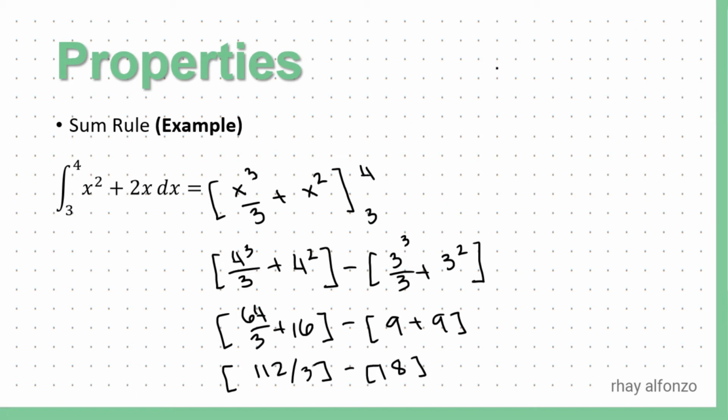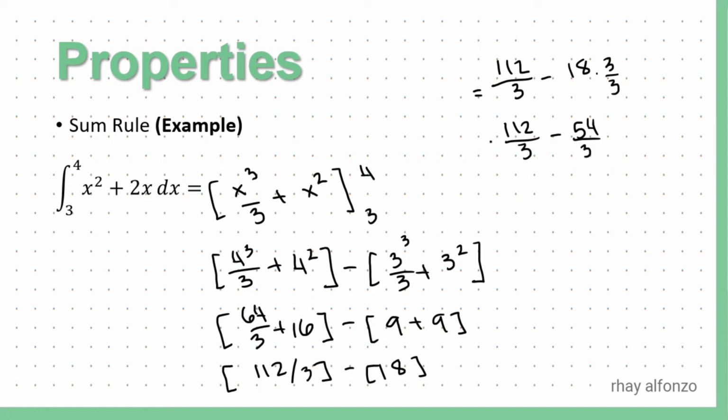So let's set them up so that they have the same denominator so that we can subtract them from each other. So we have 112 divided by 3 minus 18 times 3 over 3. So this gives us 112 over 3 minus 54 over 3.